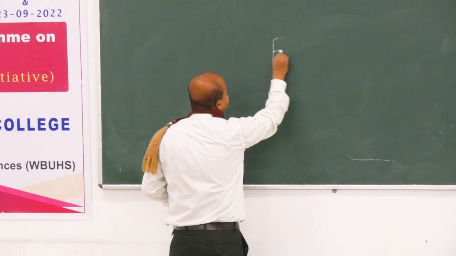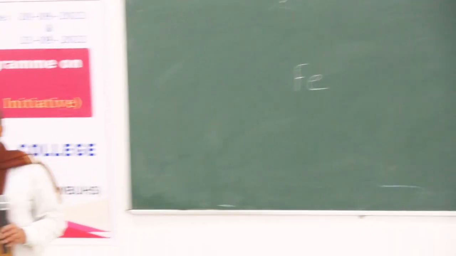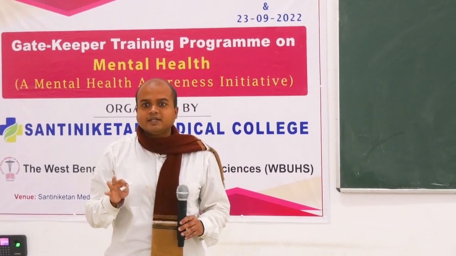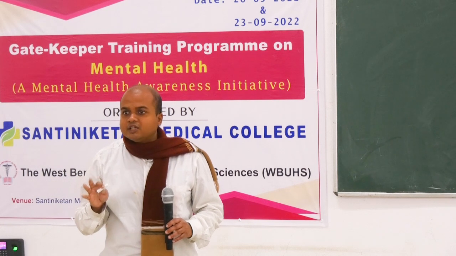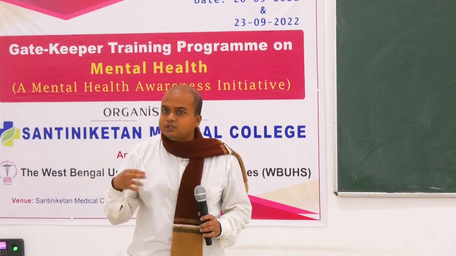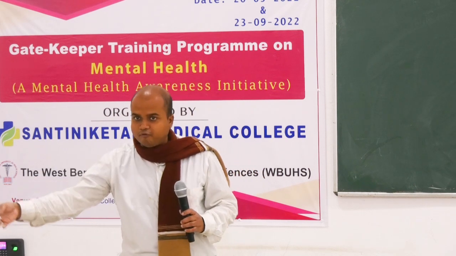So, in the center will be iron. And iron, in what state is it present in hemoglobin? Ferrous form or ferric form. Ferrous form. In ferric form, hemoglobin is not able to carry oxygen because it is already oxidized. Ferrous is oxidized to ferric form.